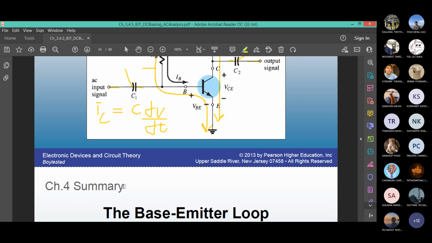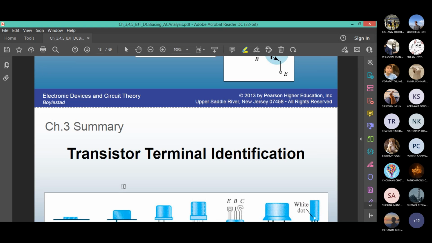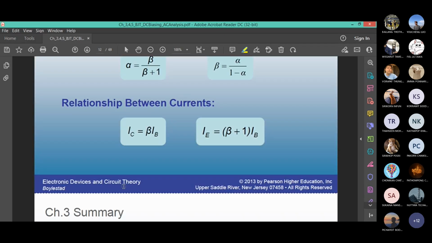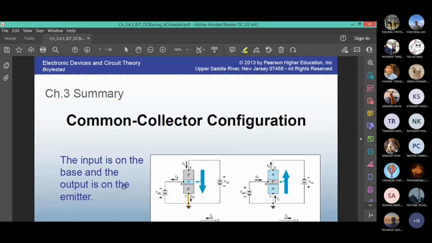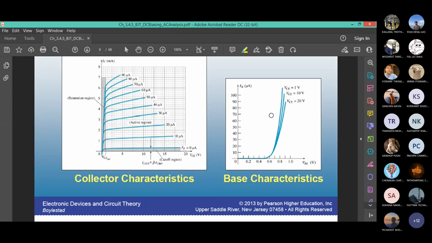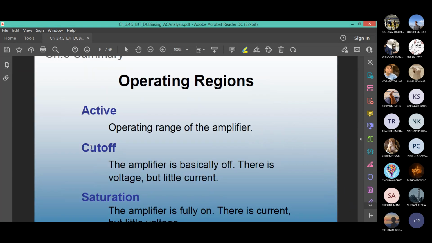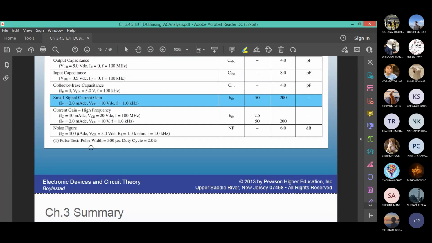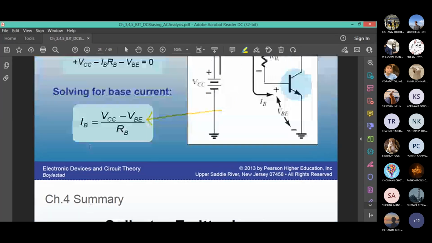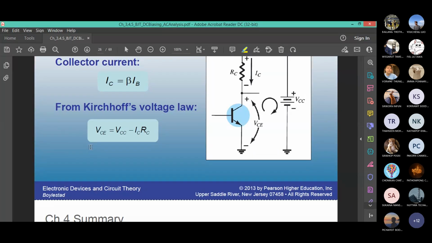Why do we need IB? Back to the characteristic graph. You need to know IB because you need to see which IB you are going to take. Is it 10, 20, 30 microamp or in between? You have to find the output operating point based on the established input base current. That's why the first step is to find IB.